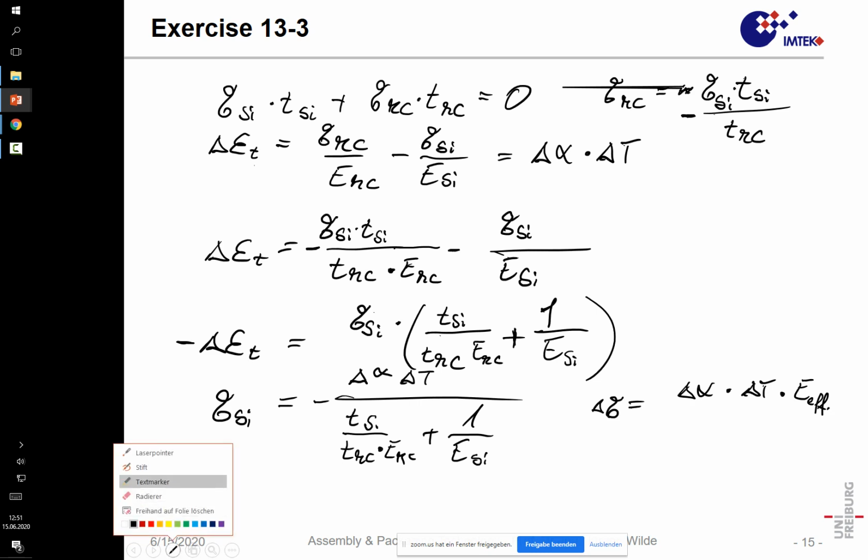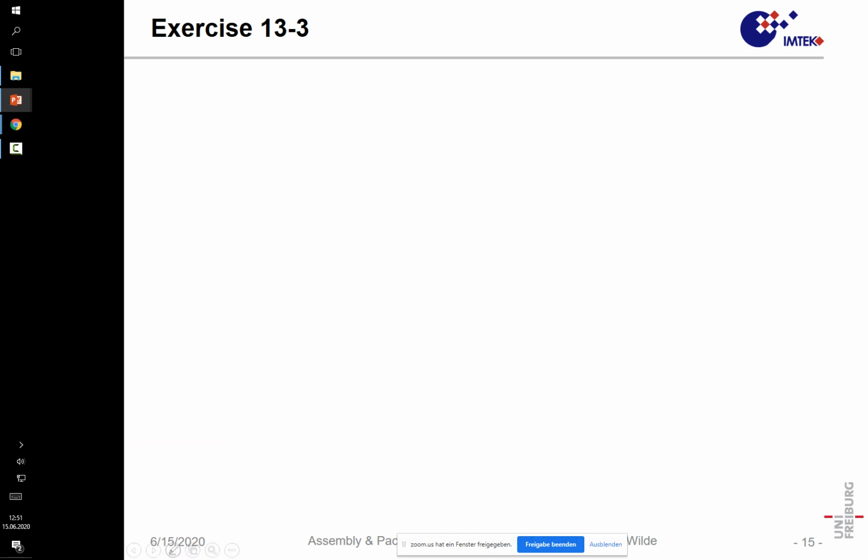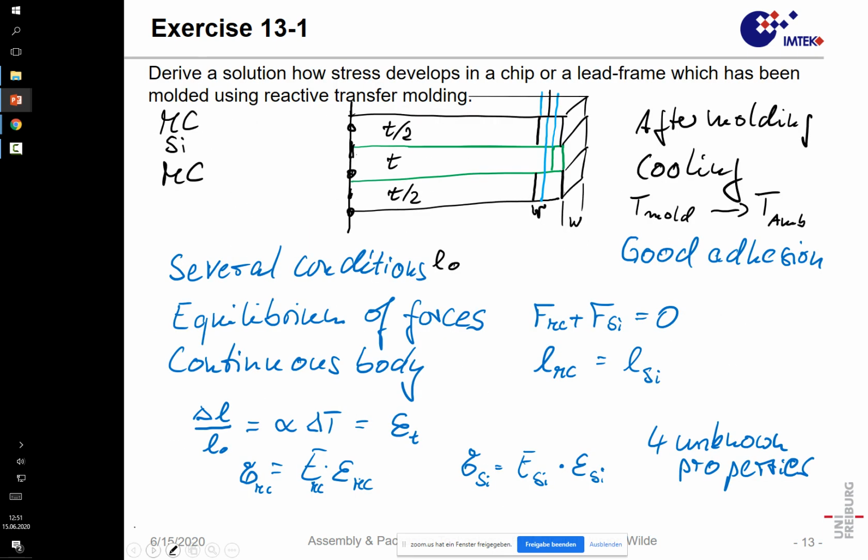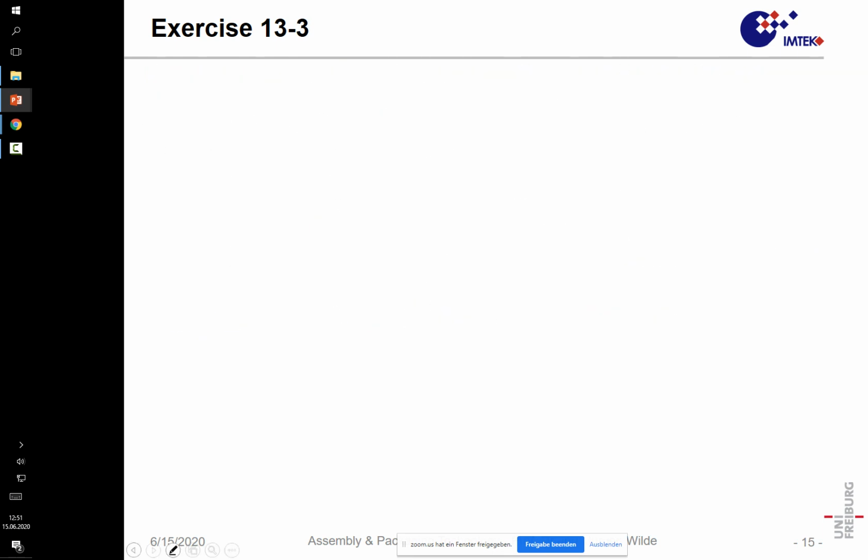And now we can see that that system doesn't react very well.